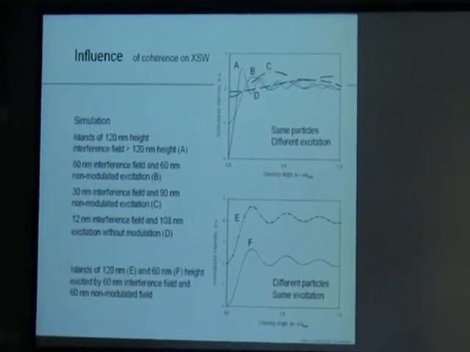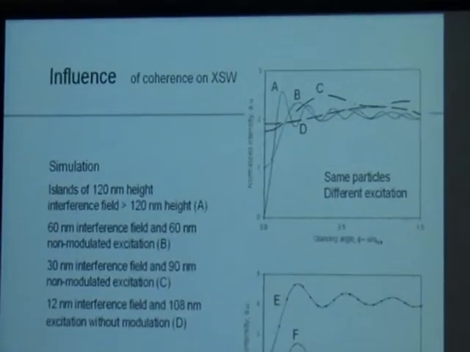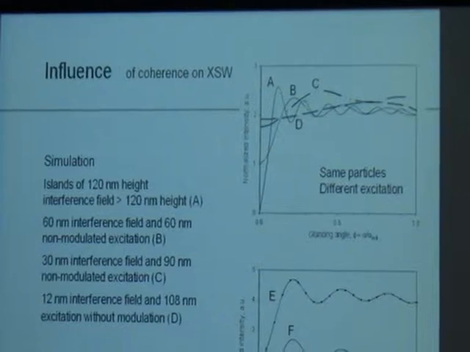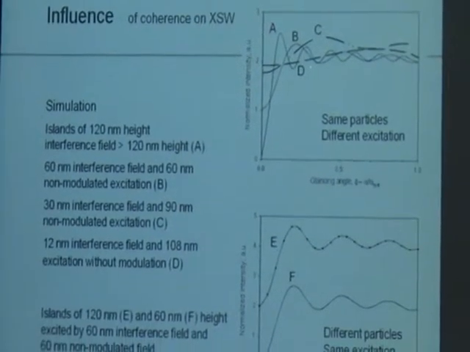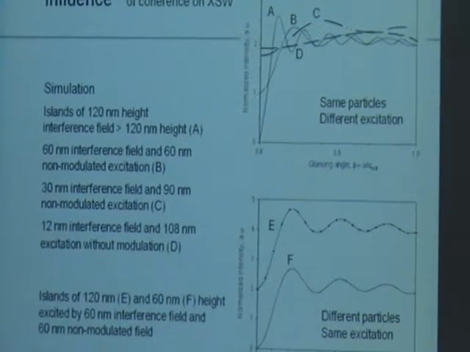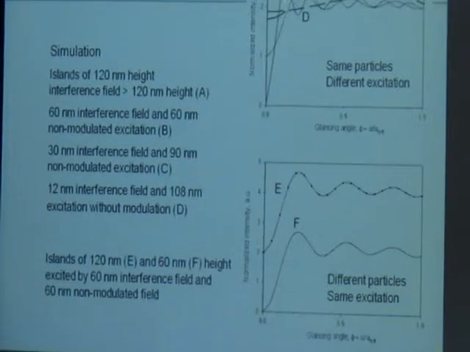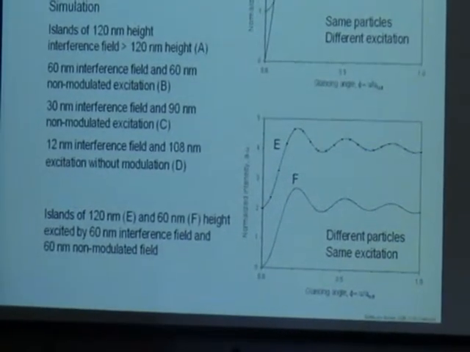If we take into account the coherence, we have several problems. In the first case, the most difficult, we have one situation, same particle, different excitation. If you change the coherence and you excite the system, you will find first the well modulated signal, second you start in a higher position and you get this other way, then you get something like this.